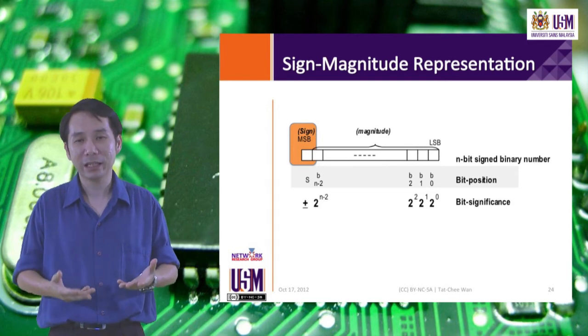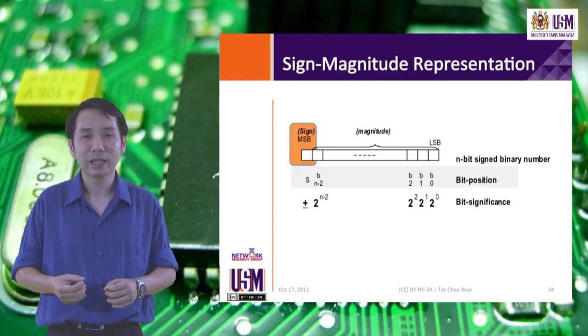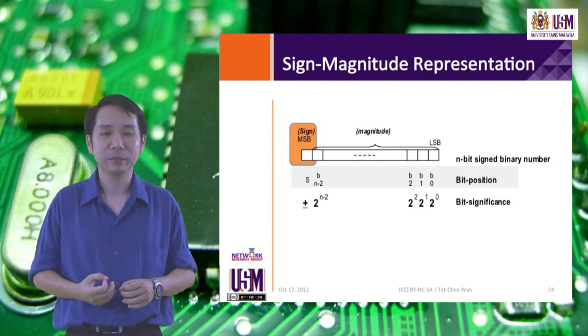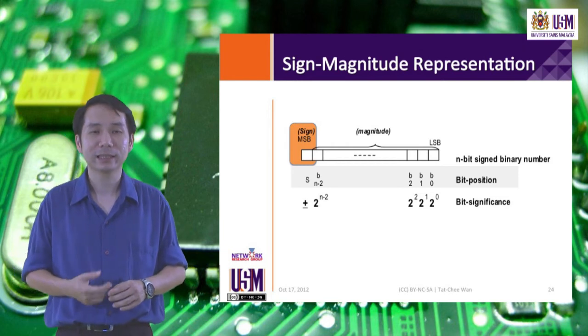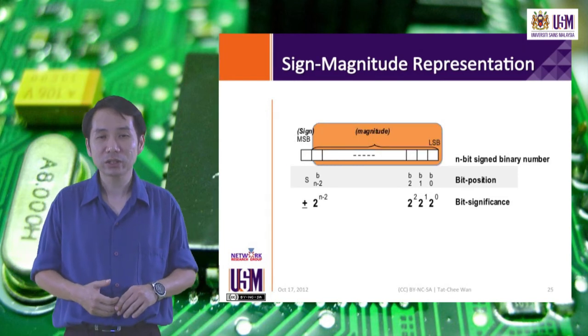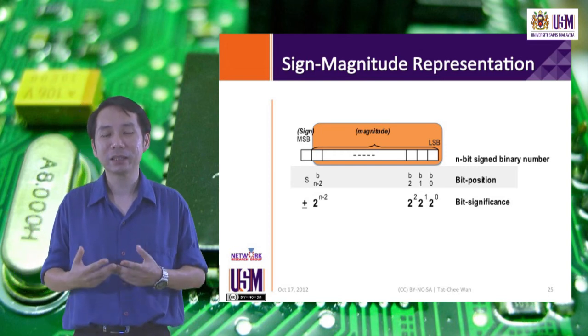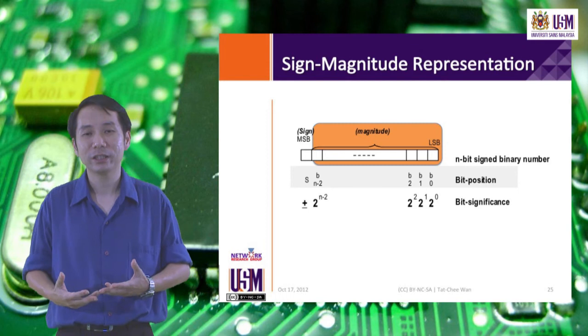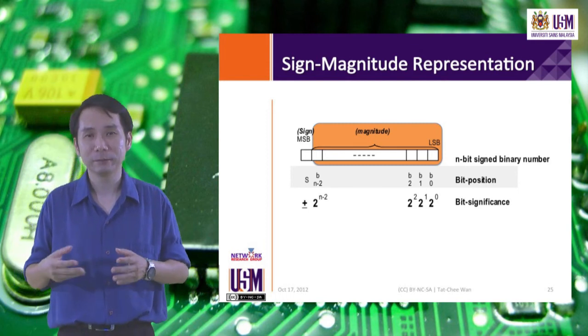Typically, positive numbers have a 0 sign bit, whereas negative numbers have a 1 as the sign bit. By doing so, we will then have a number that has n-1 significant digits. This part of the number is known as the magnitude, which is the actual size of the number.